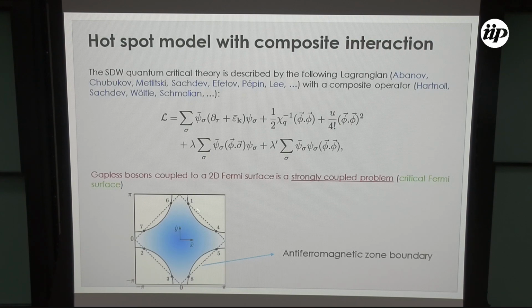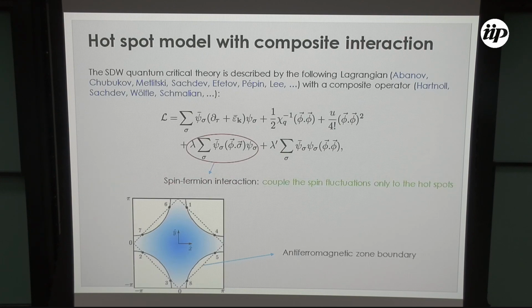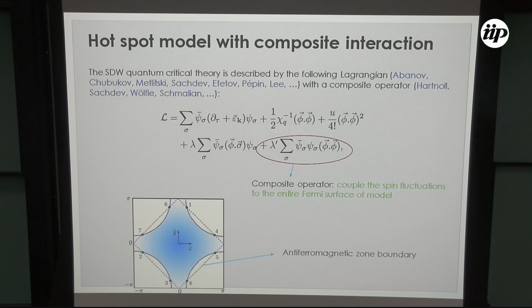So the hot spots are these special points, which are the intersection of the underlying Fermi surface of the system with the so-called antiferromagnetic zone boundary. Okay, this I mentioned already. So this couples efficiently only to the hot spots, and this composite operator will couple to the spin fluctuations to the entire Fermi surface of the model.